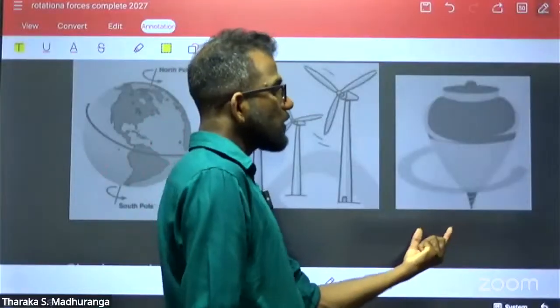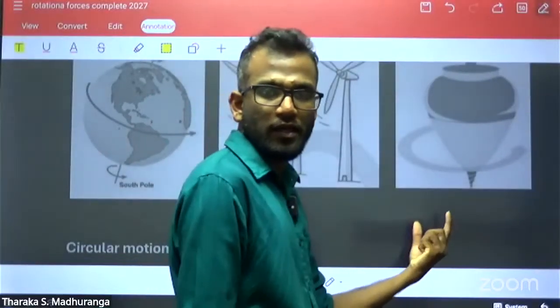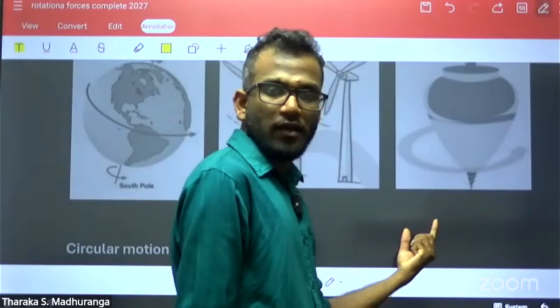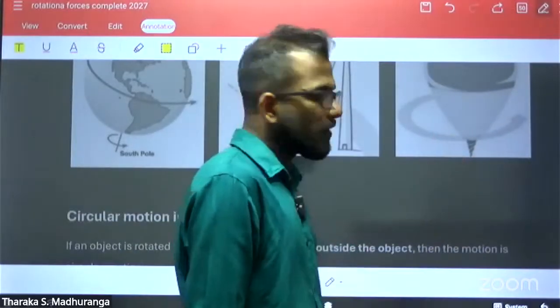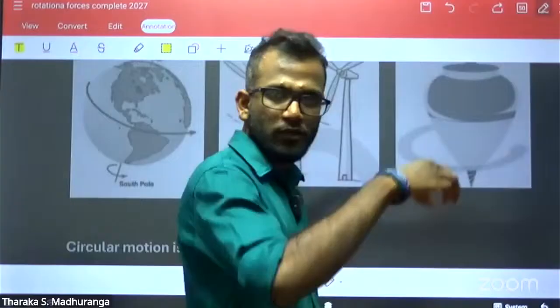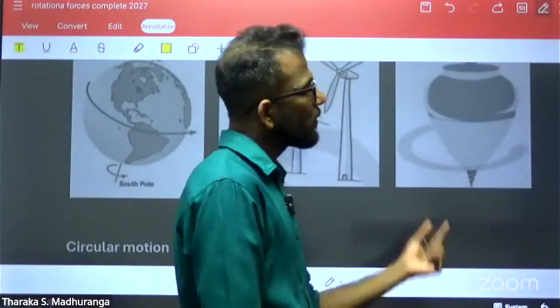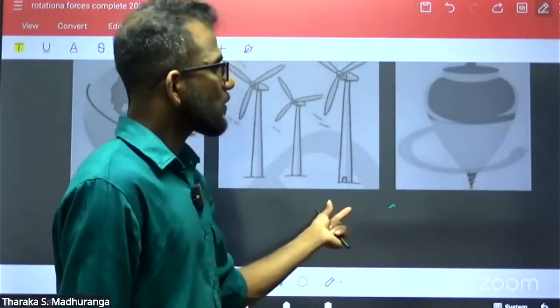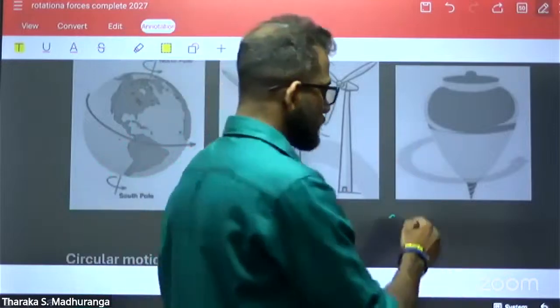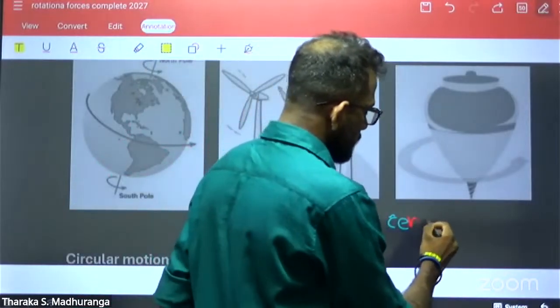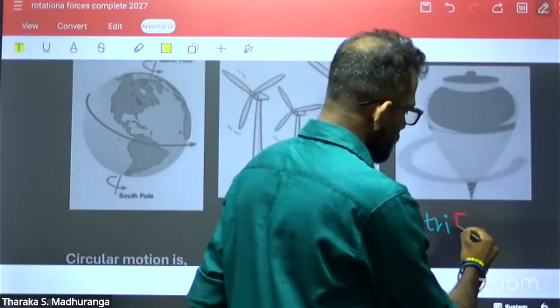No, it is an equipment. Yeah, we can take the shape as a top. The spinning top is also rotational motion. But this is a centrifugator.